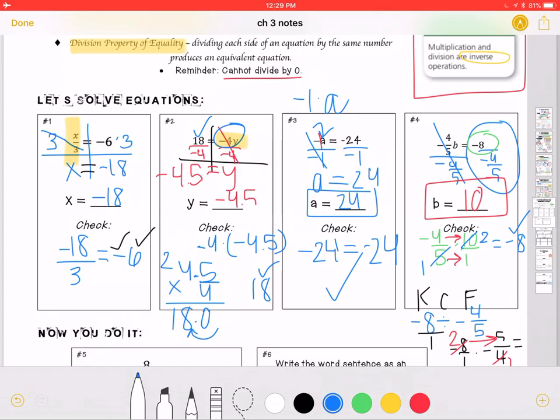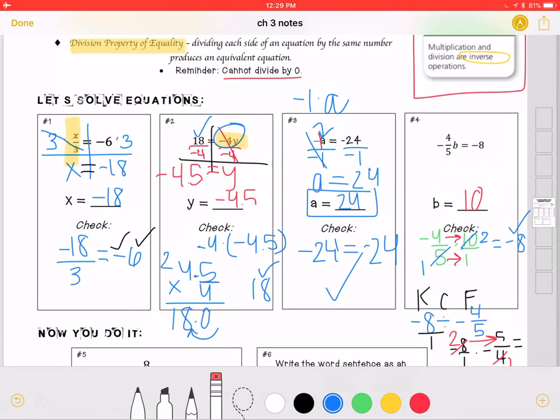Now guys, let me show you another way to do it, or kind of a trick in doing this. When we're dividing by a fraction, that is the same as multiplying by its reciprocal. So if I notice that this is being multiplied by 4/5 and I want to get rid of that, I can just multiply this side by the reciprocal 5 over 4.